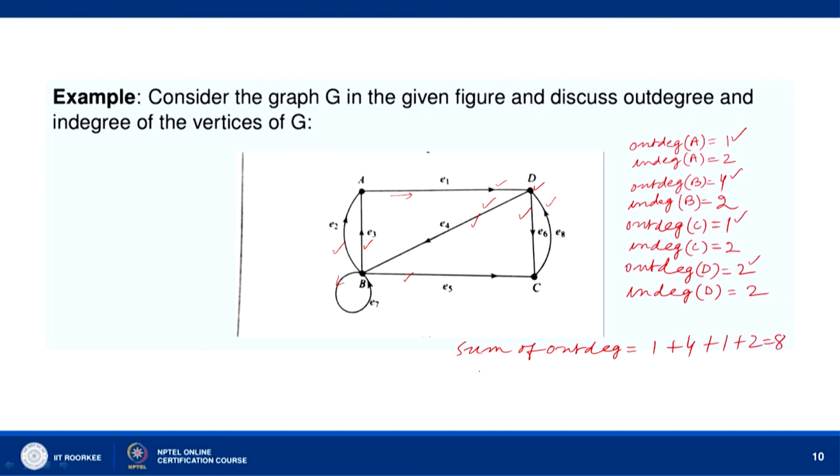The sum of in degrees of the vertices of this digraph is 2 plus 2 plus 2 plus 2, that is 8. And the number of edges of this digraph: we have E1, E2, E3, E4, E5, E6, E7, E8. So, there are 8. So, the sum of out degrees of the vertices of a digraph is equal to the sum of in degrees of the vertices of the digraph, and is equal to the number of edges of the digraph.